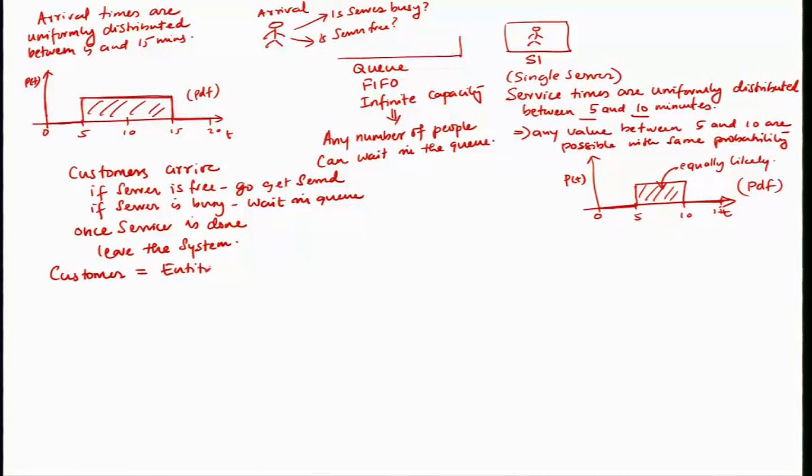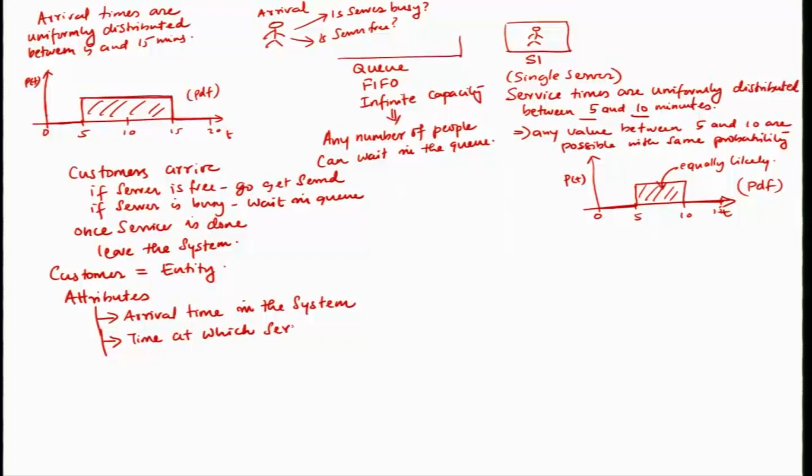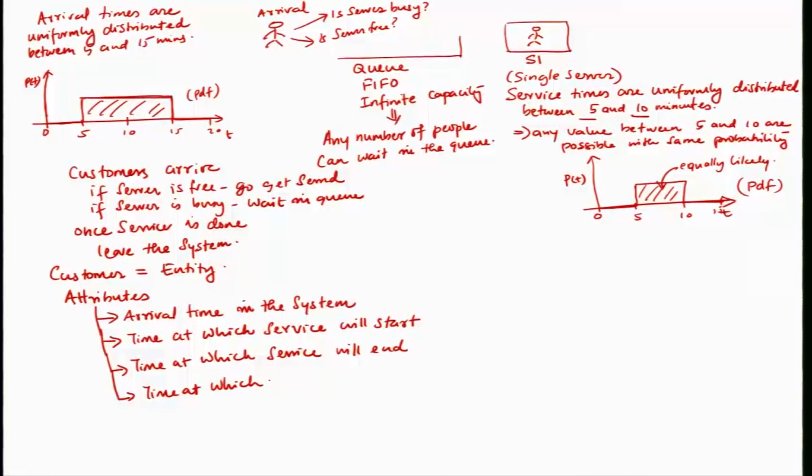And so, the customer is your entity. Okay. So, the attributes of the entity include arrival time in the system, time at which service will start, time at which service will end, time at which entity leaves the system.